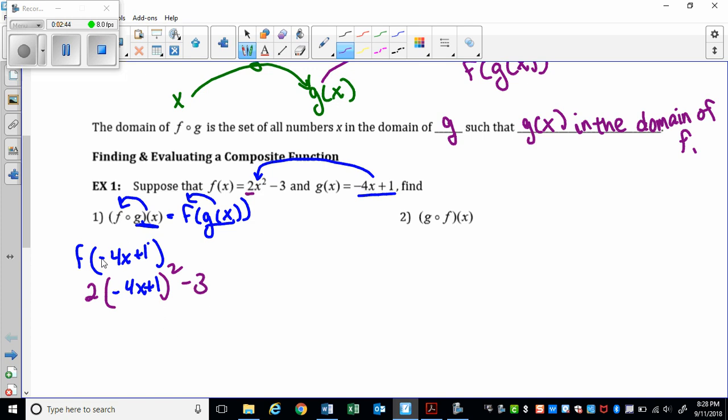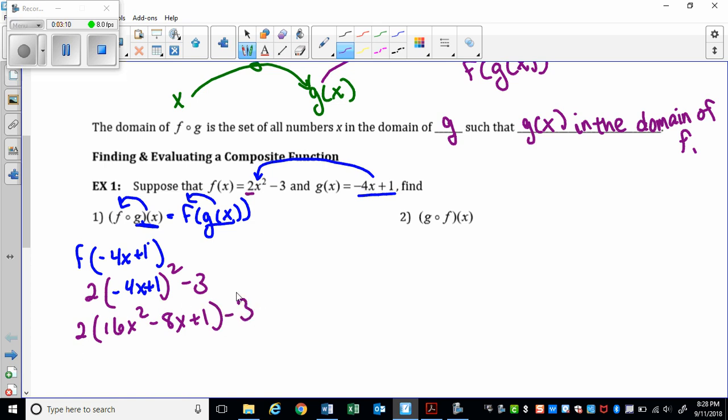So this is pretty simple. We're just going to FOIL this. So it's 2, remember any binomial squared, we have to multiply it by itself. So negative 4x plus 1 times negative 4x plus 1, which will give us 16x squared minus 8x plus 1. And then minus 3.